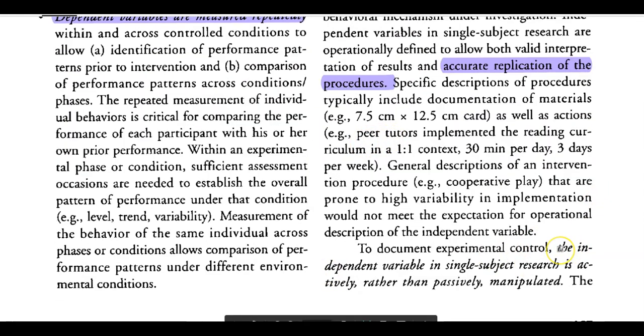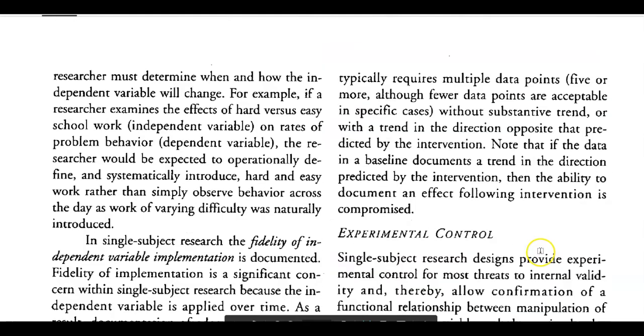In order to document experimental control, the independent variable in single subject research is actively rather than passively manipulated. So at certain points in time, it is not being provided, and at certain points in time, it is. And those are the conditions that are compared. And of course, to get reliability of your procedures, you need to be sure that it is implemented with fidelity.